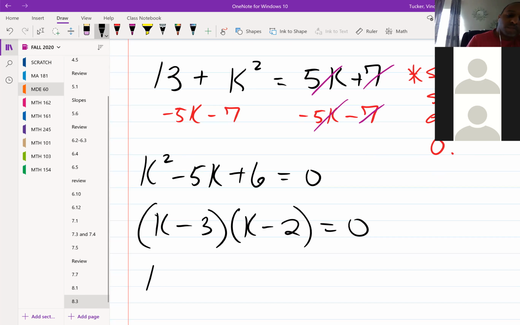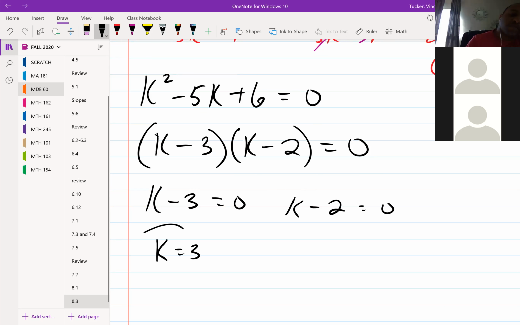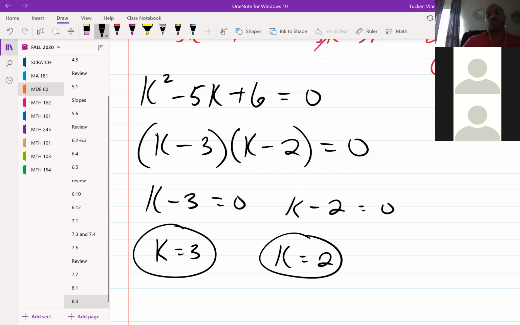So k squared minus 3k minus 2k plus 6. Factor out the k, that leaves k minus 3. Factor out the -2, that leaves k minus 3. I have k minus 2, k minus 3. My set numbers are +2 and +3.